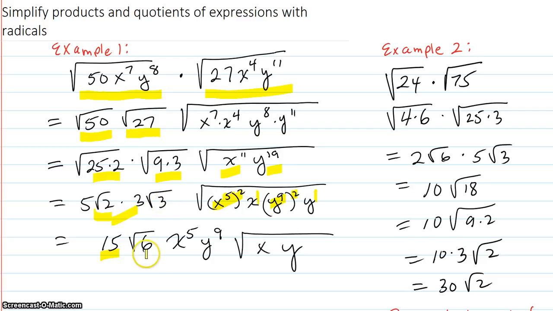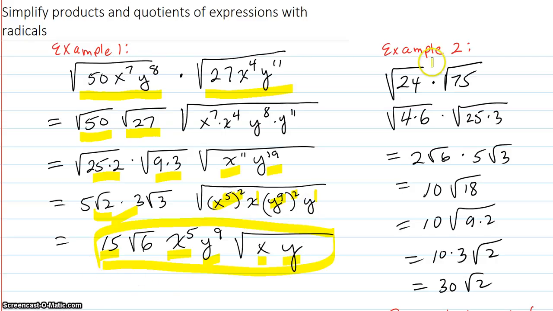Square root of 2 times square root of 3 is square root of 6, and that doesn't come out of the radical evenly. And then over here, the square root of x to the 5th squared is x to the 5th. X is left. Square root of y to the 9th squared is y to the 9th. And this y stays in. So that's it.